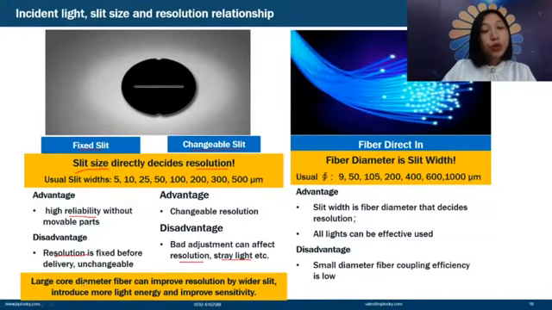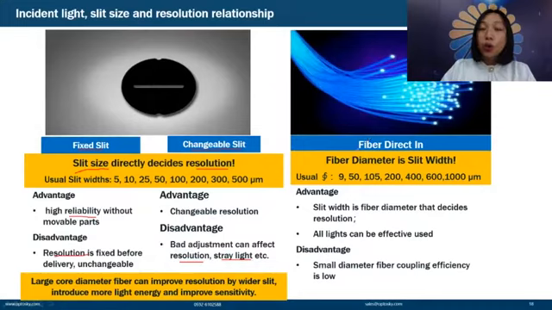And so we usually use larger core diameter fibers to improve the resolution with a wider slit, and we also introduce more light energy and improve the sensitivity. We can use larger diameter fibers to achieve better sensitivity.